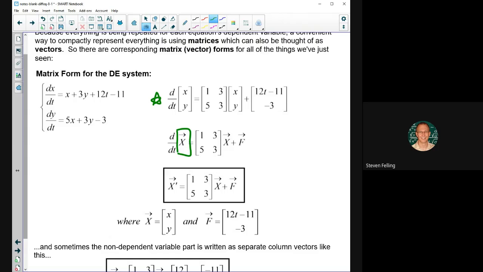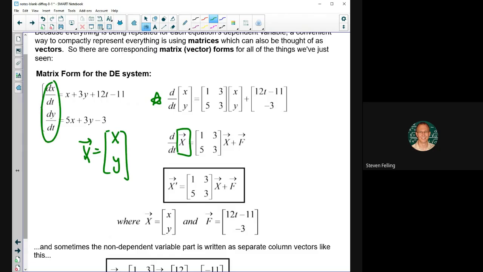This is also the same thing for matrices. In the textbook, they used to use bold letters, but this X matrix, if I were to write it out here, is a 2-by-1 matrix that has the variable x as its first row and the variable y as its second row. And so that means that this dx/dt, dy/dt can be collapsed into one object, which is a matrix that's d/dt of x and y.